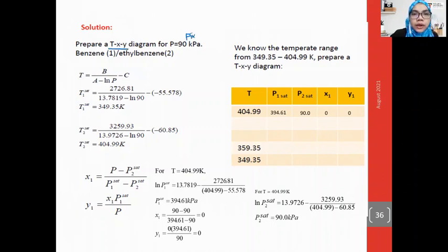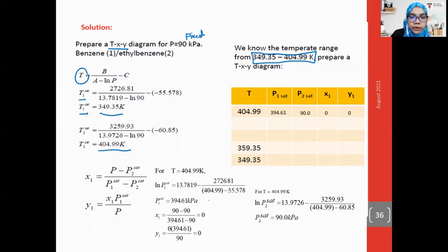We have a fixed pressure here. So this is our species. So we need to rearrange and determine our T saturation. So we have T saturation for species 1 and species 2 here. We know the range of temperature based on species 1 and 2 here.